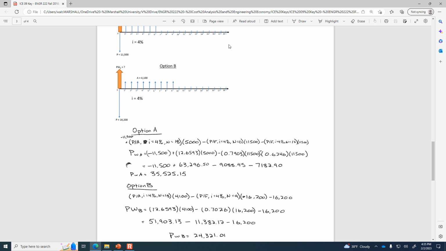Our MAR was 4%, and the decision criteria for this mutually exclusive project is that we have to either do option A or option B. Either one of them is potentially acceptable because we have a positive present worth when we discount things at the MAR. But since it's mutually exclusive and we have to pick one, the better of the two options is option A.